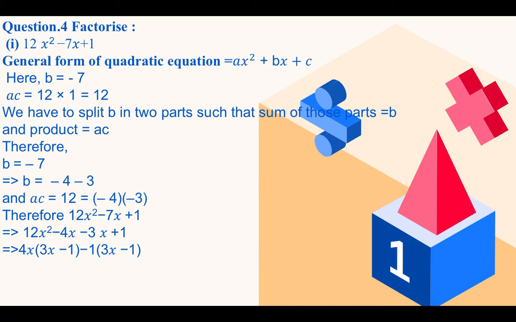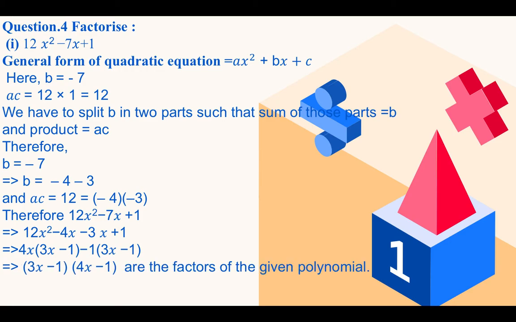So this is correct. Now I can see 3x minus 1 is common. So I will take this term as common. Then I am left with 4x minus 1. So the two factors of the given quadratic equation are 3x minus 1 and 4x minus 1.